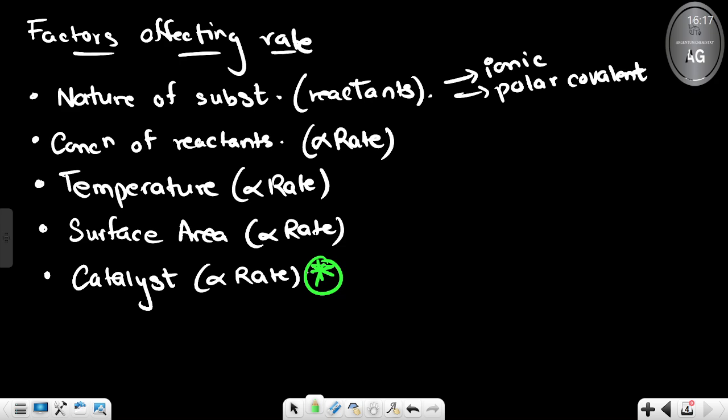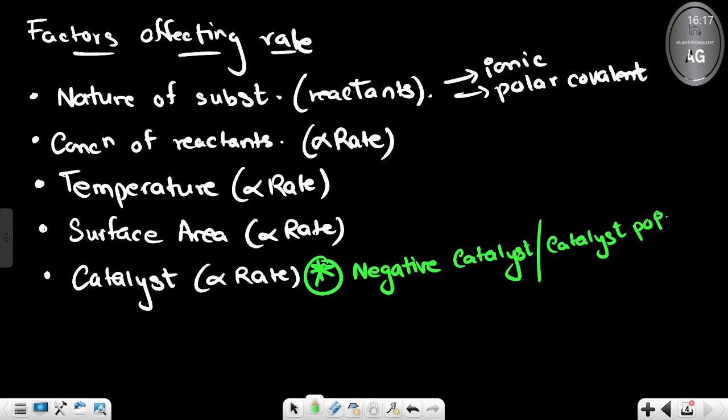Catalysts increase the rate of reaction, but which catalyst? Only positive catalyst. So here you note: negative catalyst or catalyst poison decreases the rate of reaction.